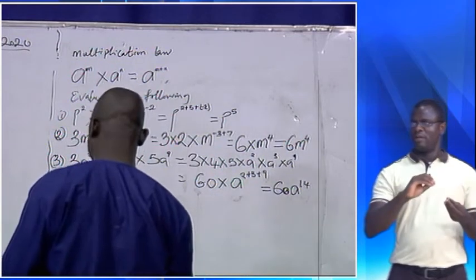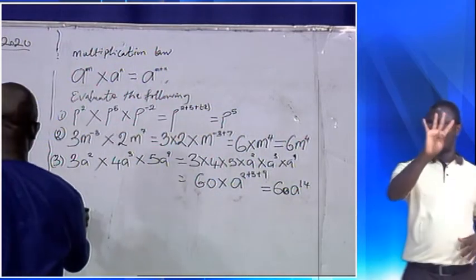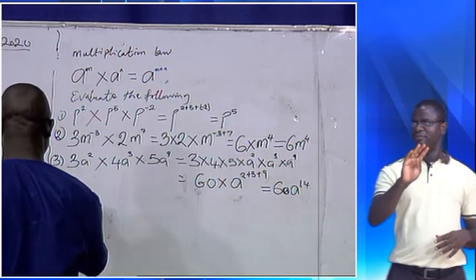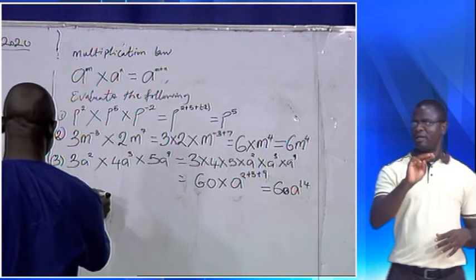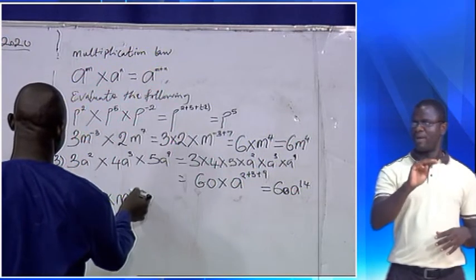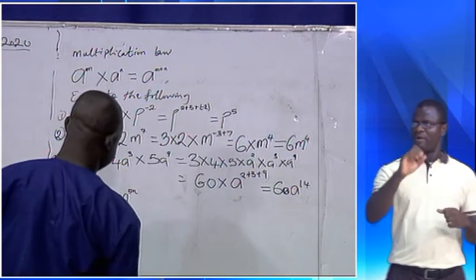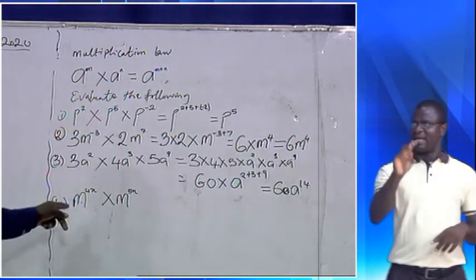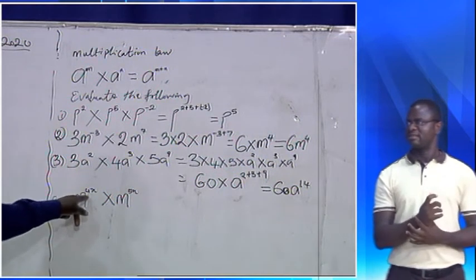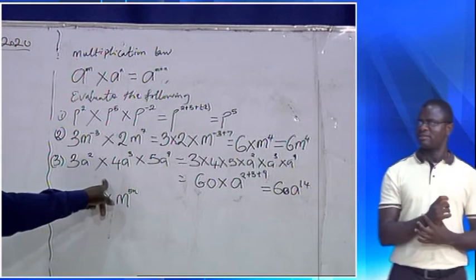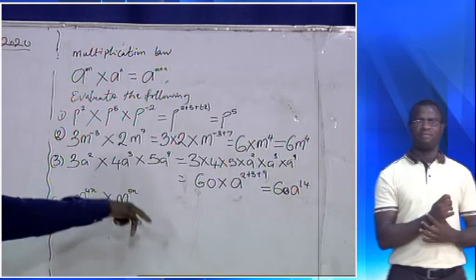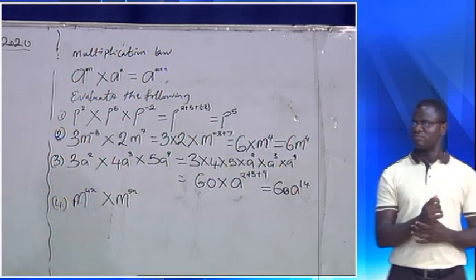Now, if we move to example number 4, which says m raised to power of 4x multiplied by m raised to power of 5x. Here, m is representing the base and 4x is representing the exponent. In this one, we have m as the base, and we also have 5x as the power.